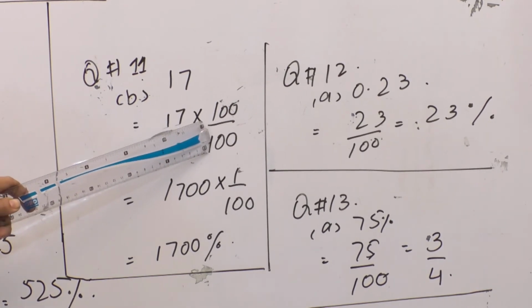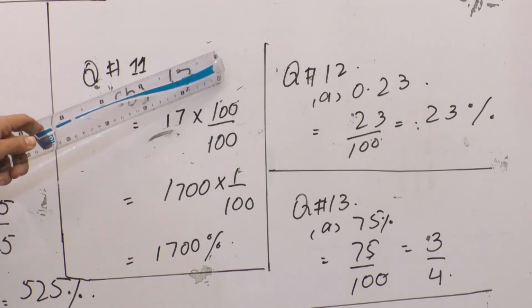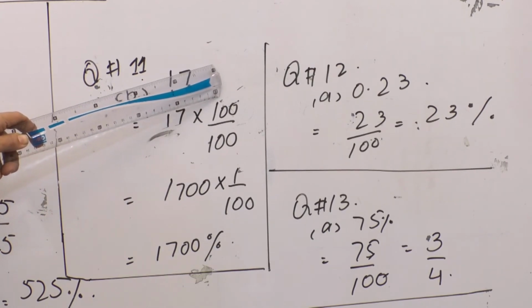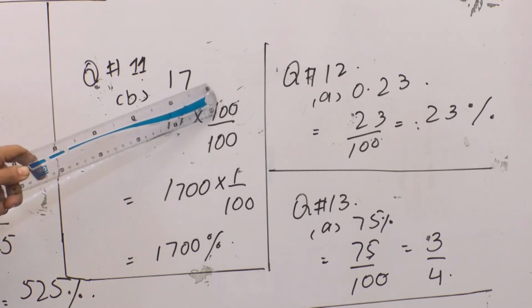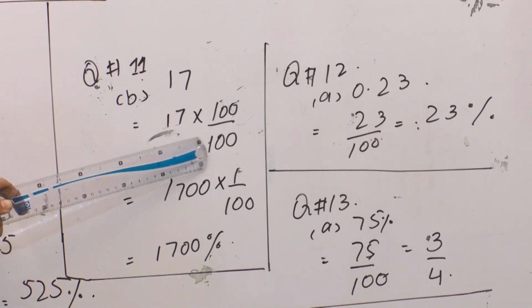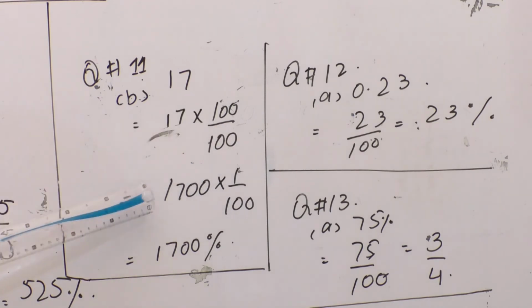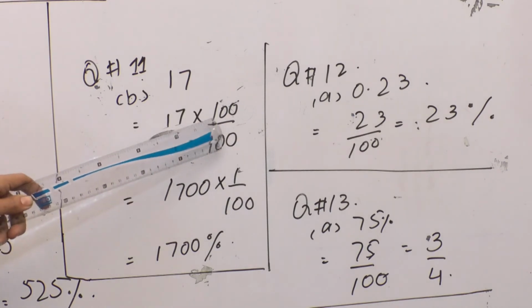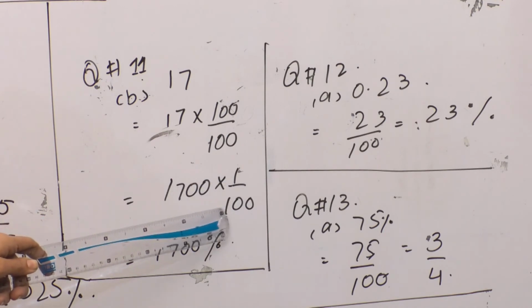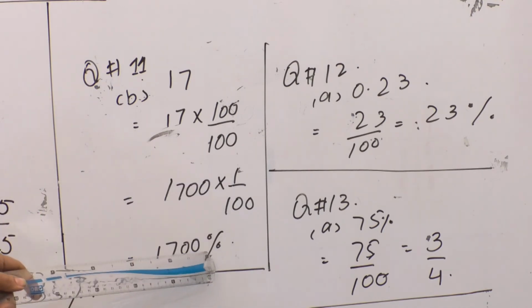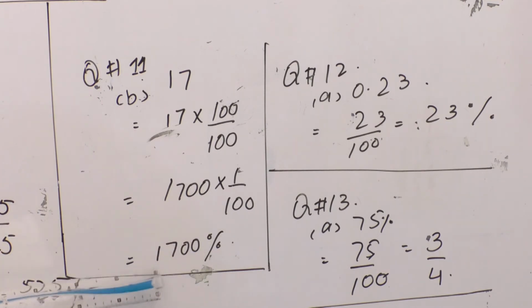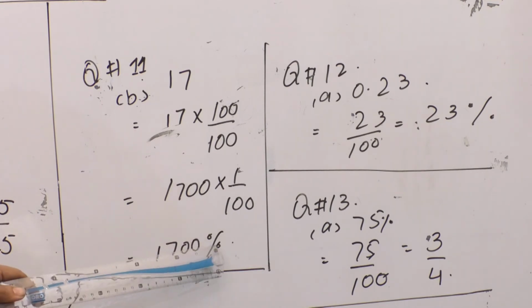And when we divide anything by 100 in a fraction, we also multiply it in the numerator. So the form will be 17 multiplied by 100 divided by 100. Then in the numerator you will have 1700 and you will write 1 by 100 as it is. So this 1 by 100 can be replaced by the percentage sign. Our answer will be 1700%.